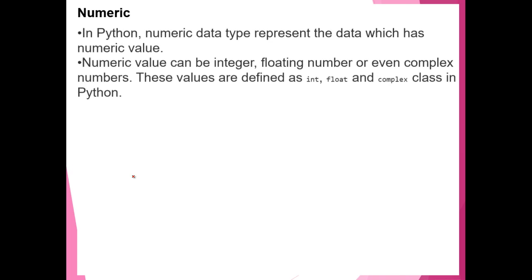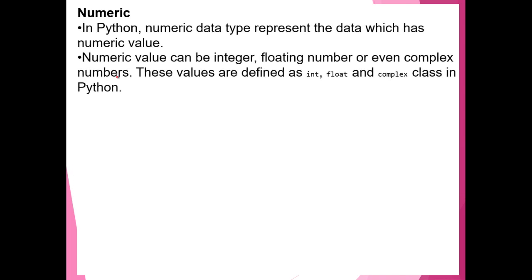For the numeric we have the following information: in Python, numeric data types represent the data which has numeric values. Obviously, the numeric data type is for representing data which consists of numeric values.